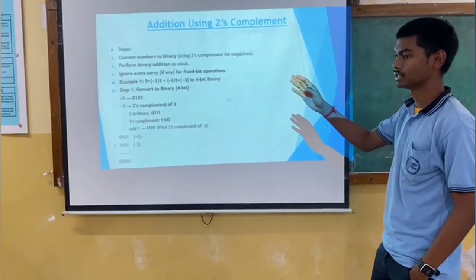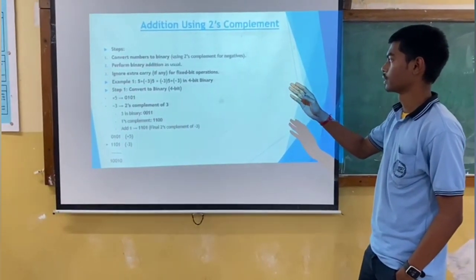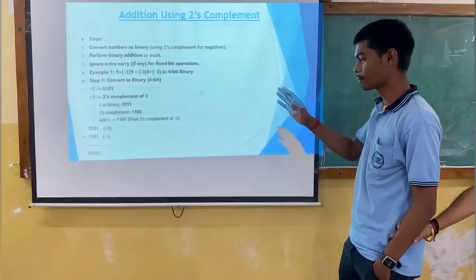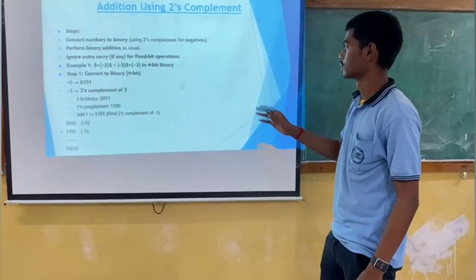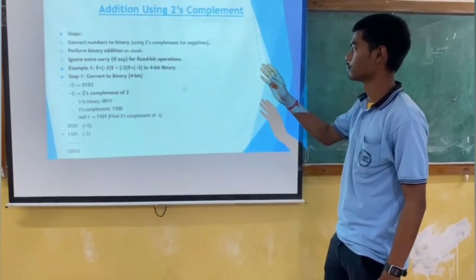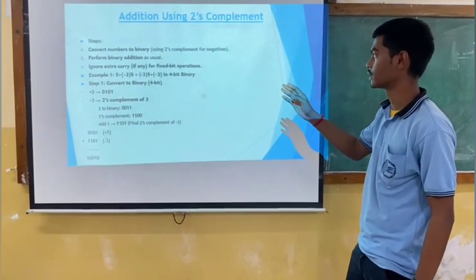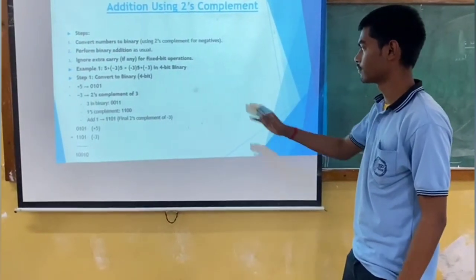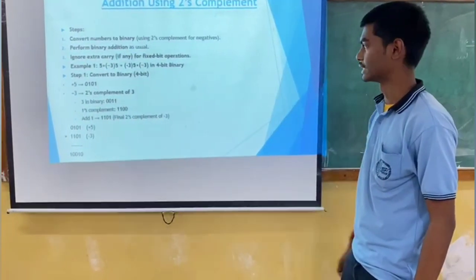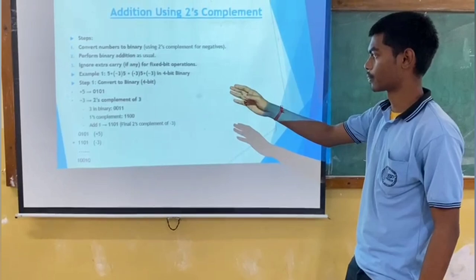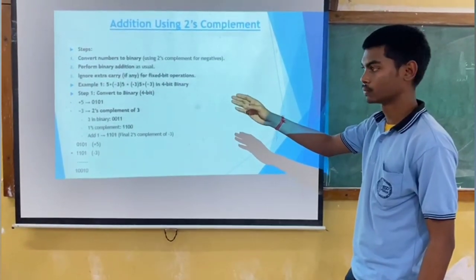5 plus minus 3 in 4 bits. First step we have to convert to binary. Here we have converted 5 into binary.